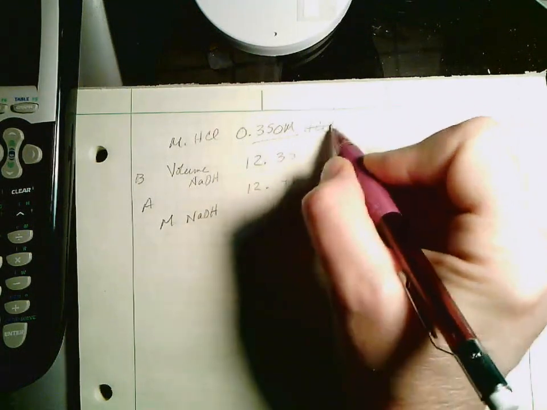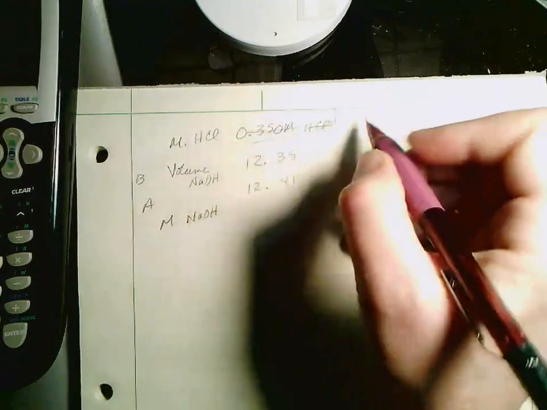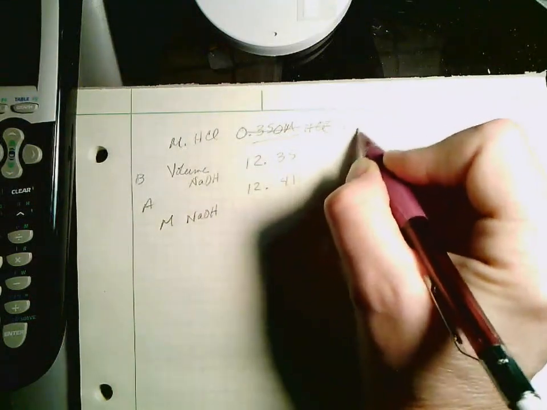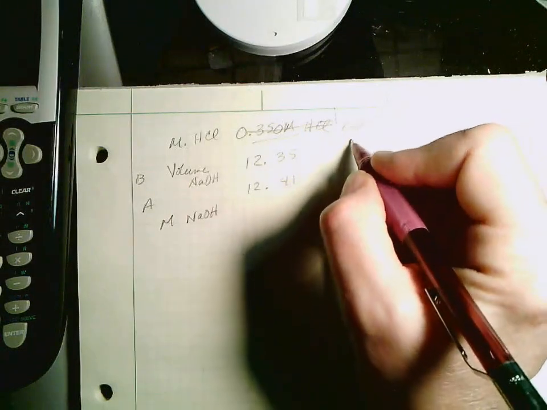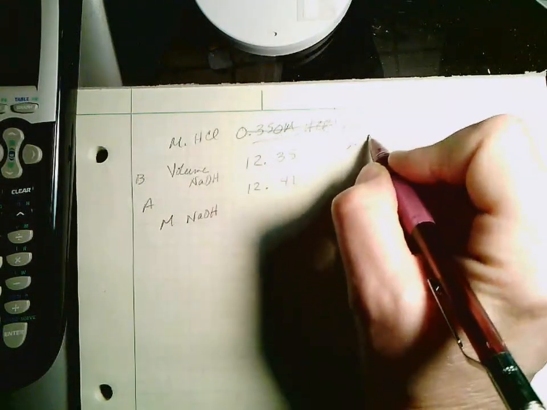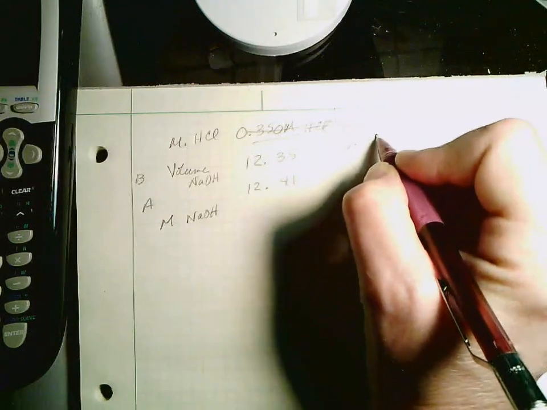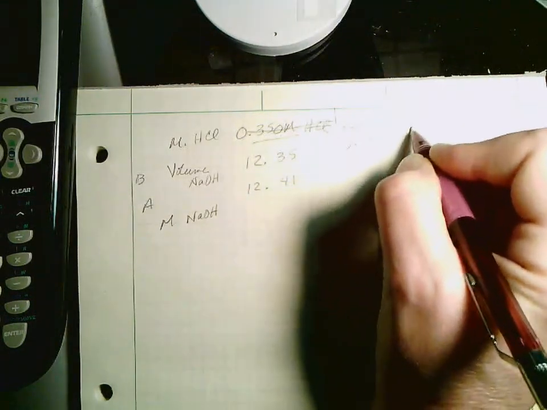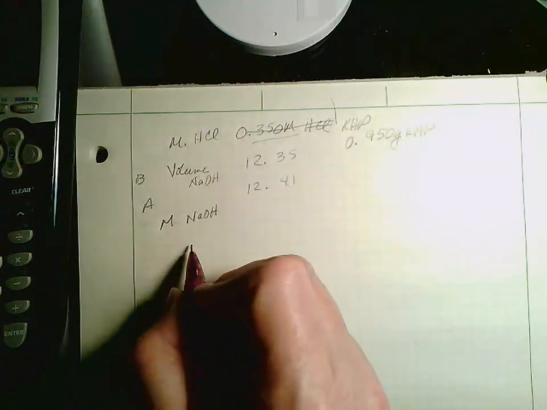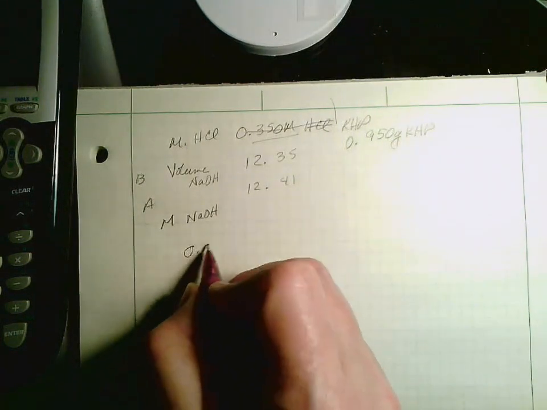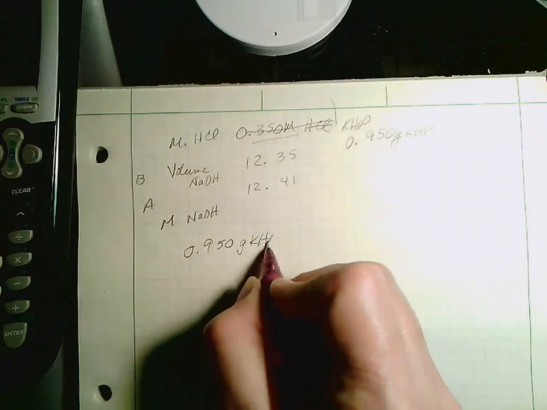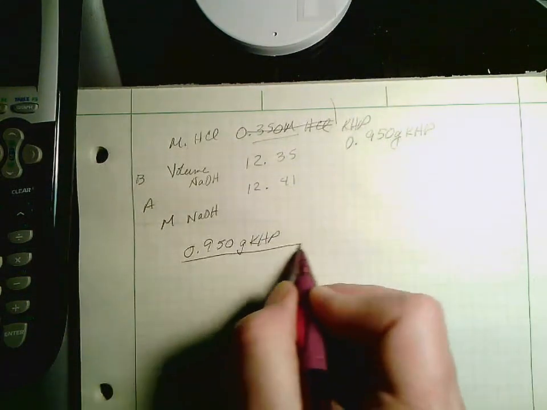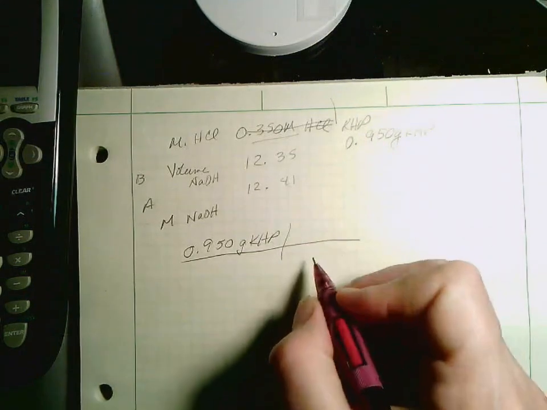Sorry, I didn't read it carefully. So we're going to use KHP here. And let's say that we added 0.950 grams of KHP. I need to figure out how many moles I have of KHP.